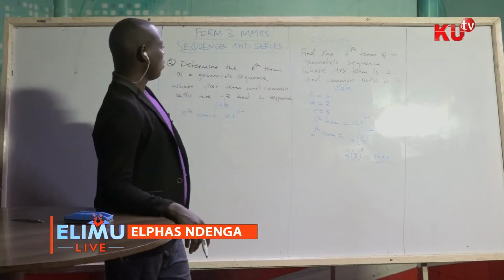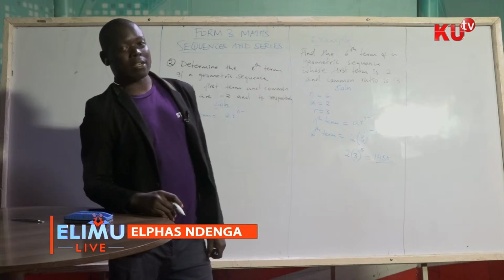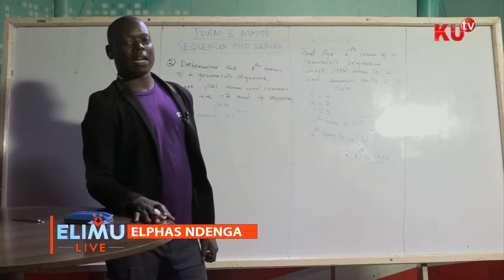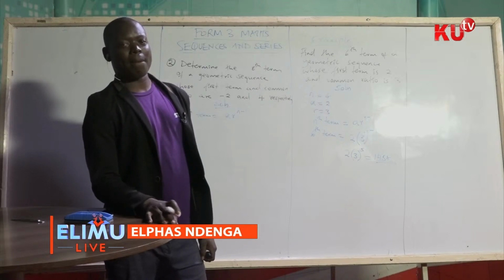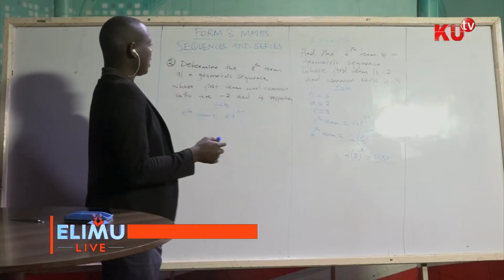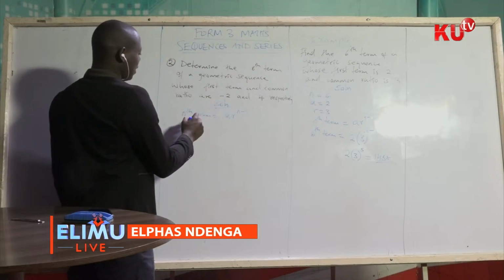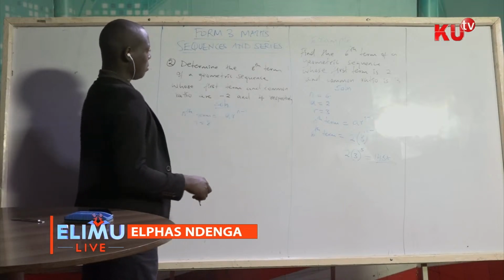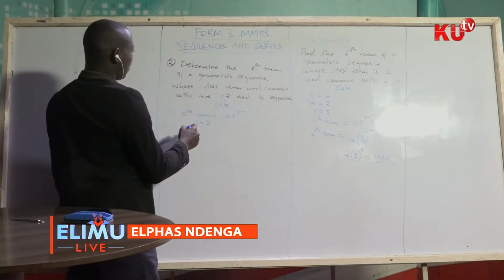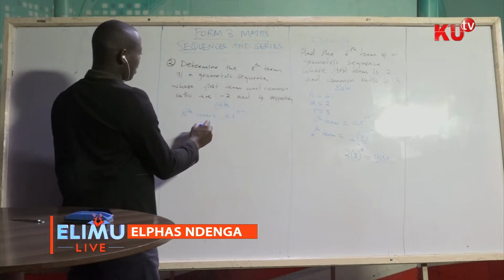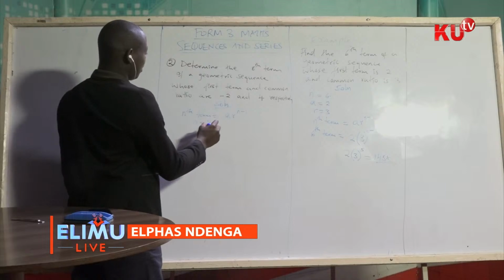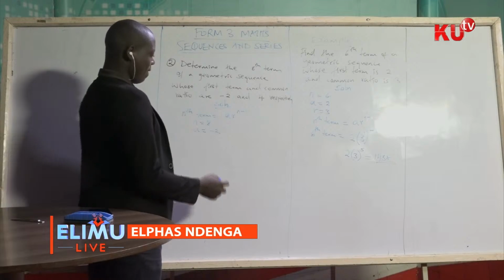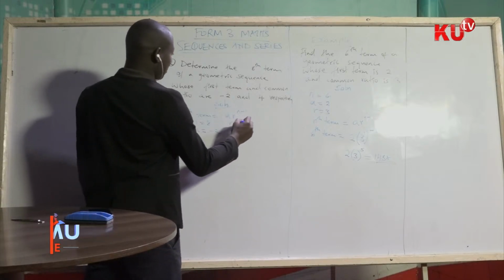Step number 2: identify whether the components given in the question correspond to any of the characters in the formula. In this case, the eighth term means that our n is 8. Our first term, that is a, is -2. What about r? Our r is 4.